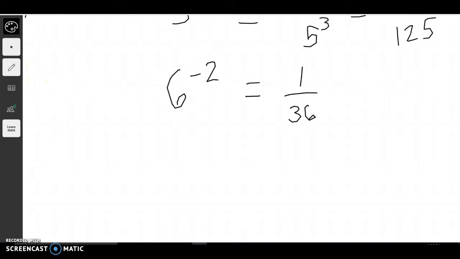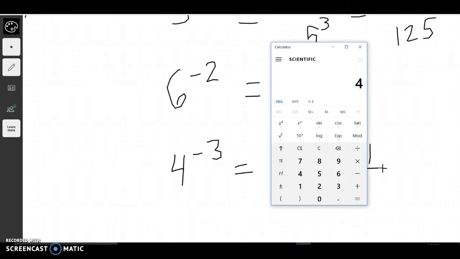Okay, let's see this one more. That would mean I would just divide by 4 three times, and that would end up giving me 1 over, I think that's 64. Sweet, I got it right that time.